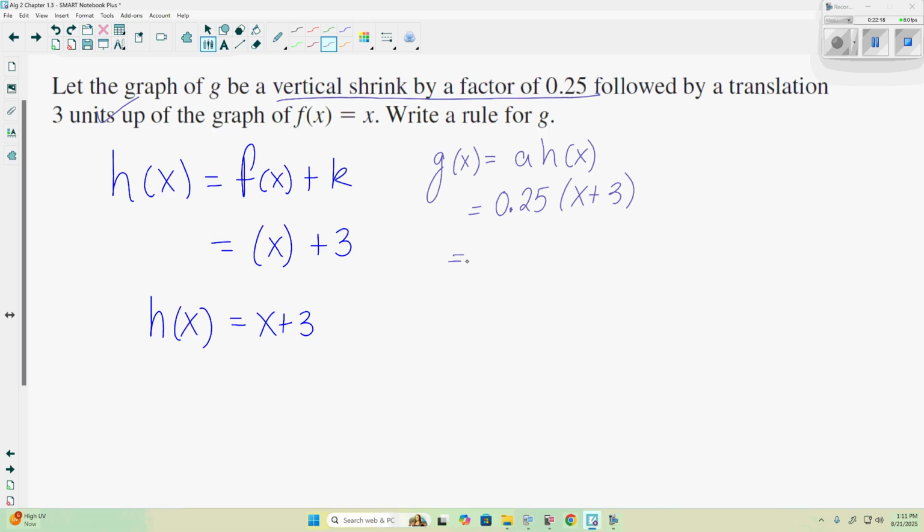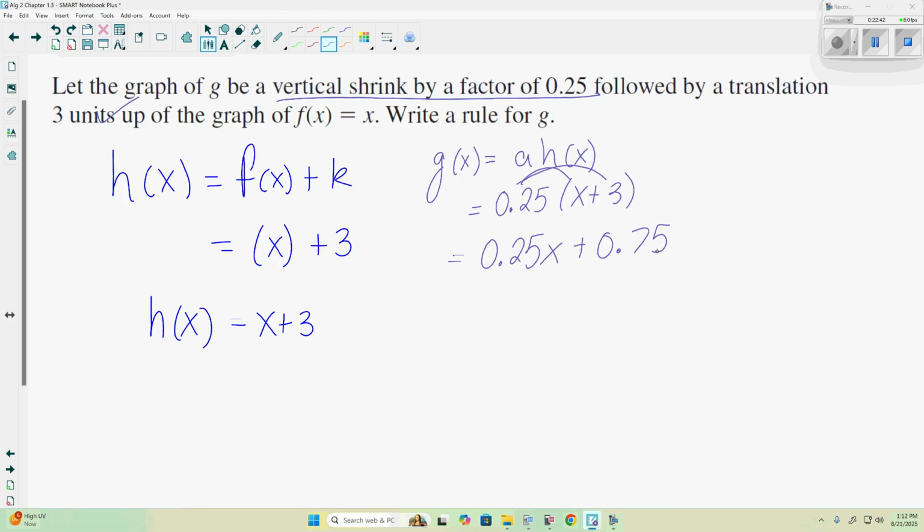So we're still good. 0.25 times x gives us 0.25x. That still matches up with what we did, so why are we looking at this? Because we would also have 0.25 times 3, which will give us 0.75.